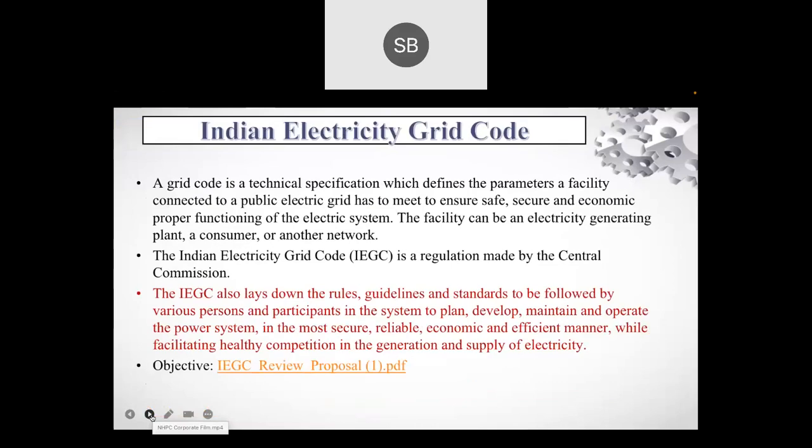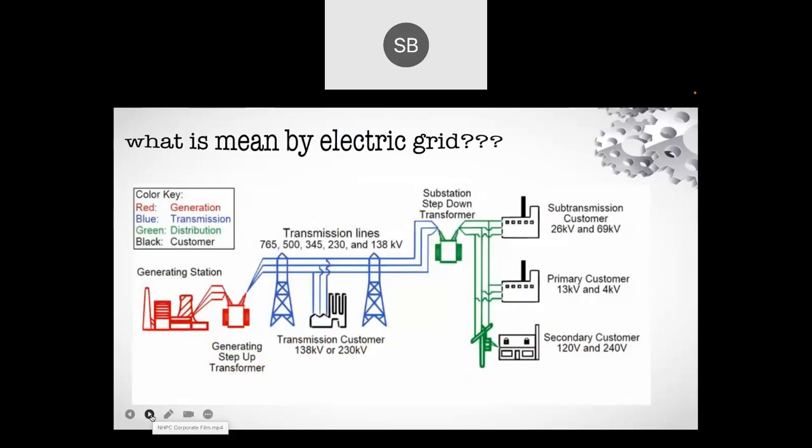Now, first of all, you must know what is meant by electricity grid. Then you will understand what is the need of the Indian electricity grid code and what is the idea behind this particular grid code. So first of all, what does electric grid mean? Generally, we know the electricity or the power will be generated in the power station, right? Now, this generated power must be given to the consumer.